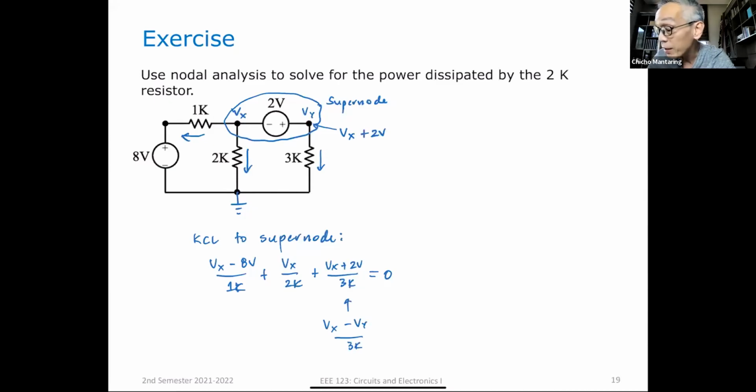But later on, I'm going to see that V of Y minus V of X is equal to 2 volts, or V of Y is equal to 2 volts plus V of X. Sorry, there's something wrong.